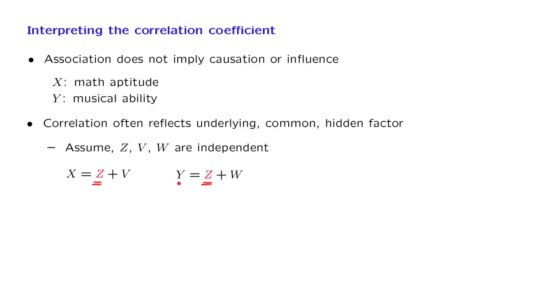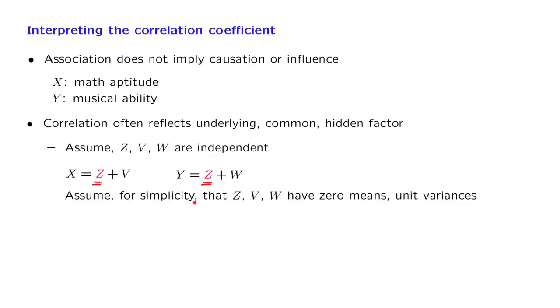To have a concrete example in our hands, and in order to also keep things simple, let us assume that the basic underlying random variables z, v, and w all have zero means and unit variances. And now let us take the definition of the correlation coefficient and start calculating. Let us look at the variance of x.